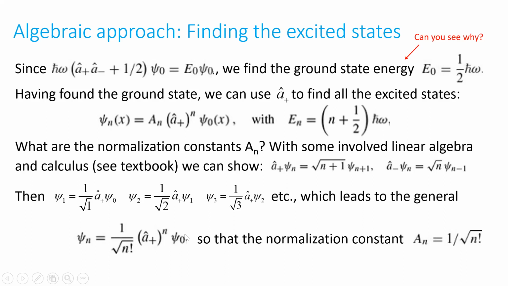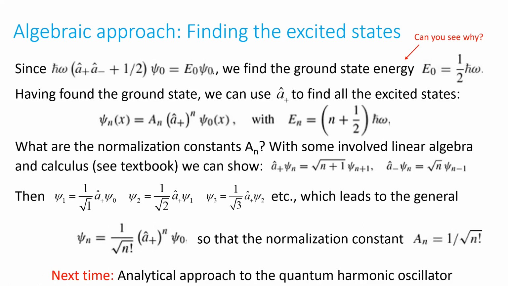Next time we'll take another look at the quantum harmonic oscillator using an analytical approach. This is another approach to getting these wave functions, or stationary states, which comes to the same point, but is different from the algebraic approach with the raising and lowering operators.